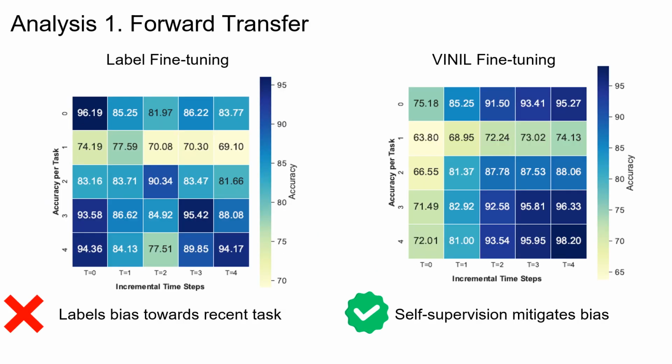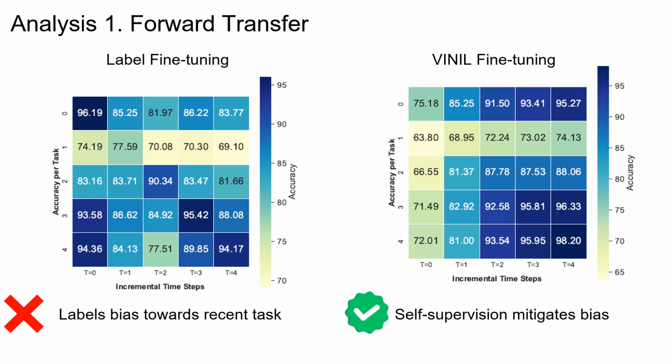To understand the merit of self-supervision, we conduct a set of analyses. Here, we report the performance across all tasks as they arrive by. In this figure, the x-axis denotes the incremental learning time step, and the y-axis denotes the accuracy per task.